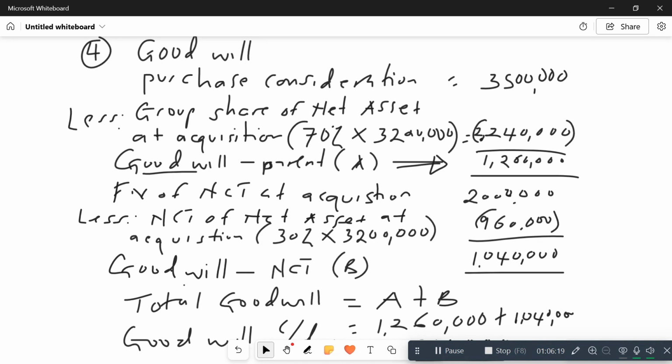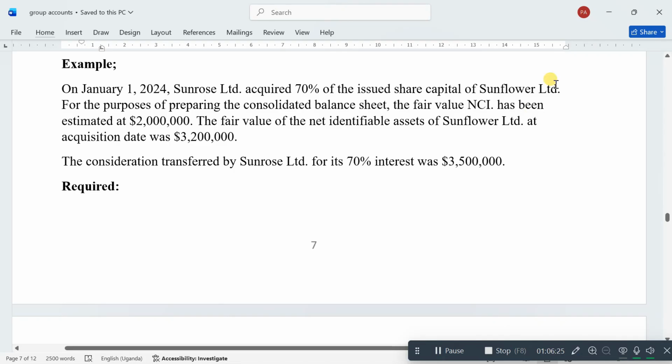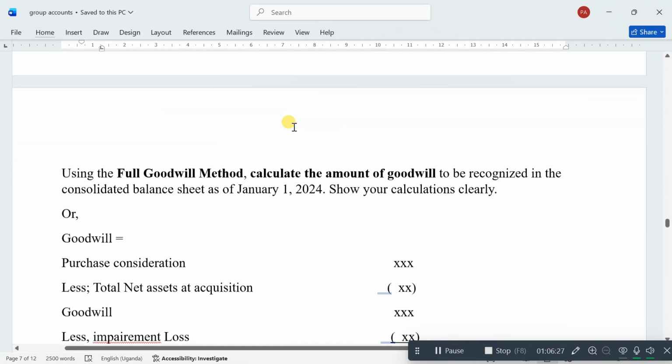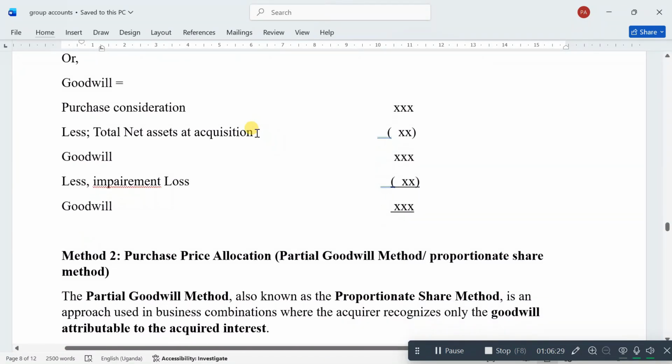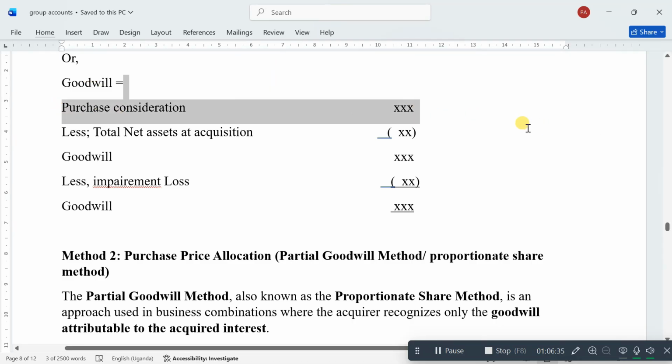Someone else may decide to use another channel. If you don't present your goodwill like that, you may choose to use this simple or direct way, where we have purchase consideration.